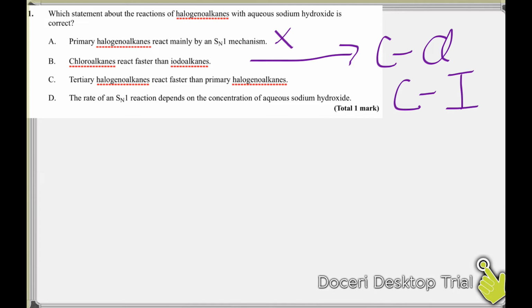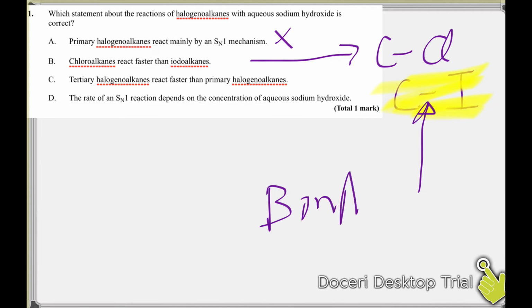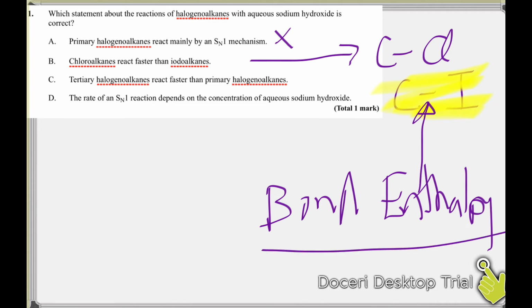And the one that's going to react faster is the one which has the weaker bond. And how do we know which one has the weaker bond? Well, the iodine has a weaker bond, and we know this because if we check the bond enthalpy in your data booklet, otherwise you should know that the carbon-iodine has a weaker bond enthalpy, a smaller bond enthalpy than the carbon-chlorine.